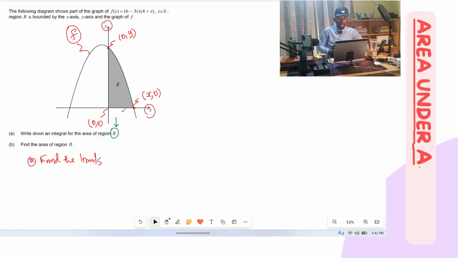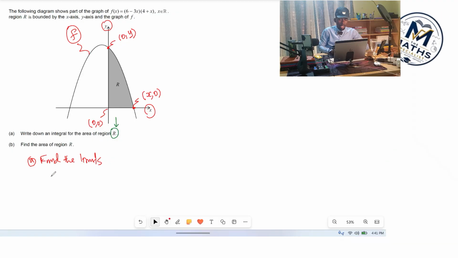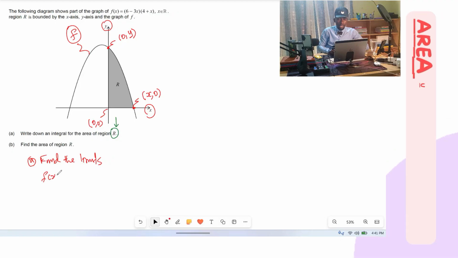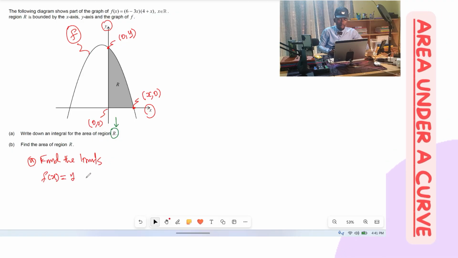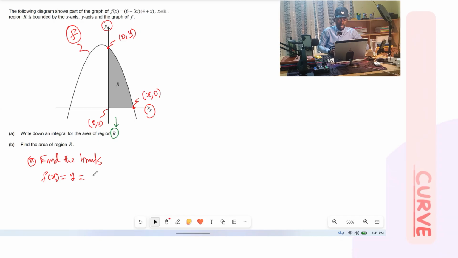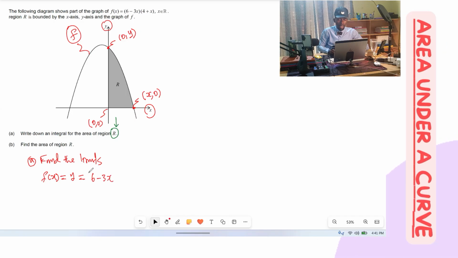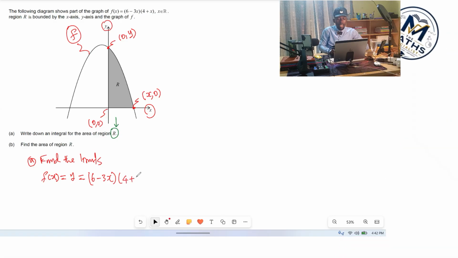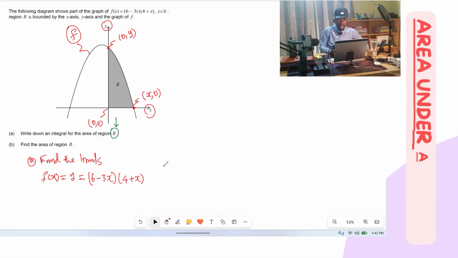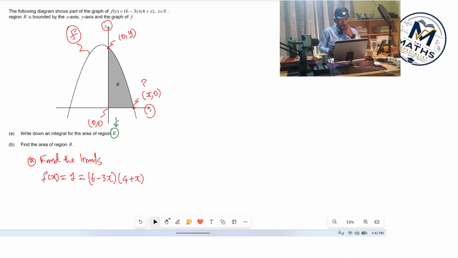So we have our function f of x, which is (6 minus 3x)(4 plus x). What are we finding? We are finding the x value here.